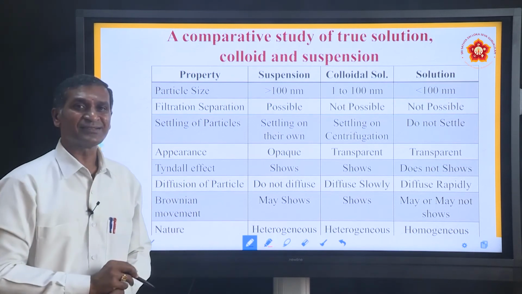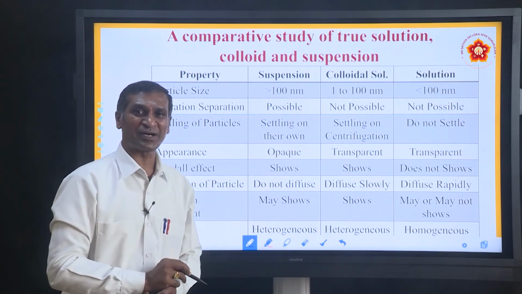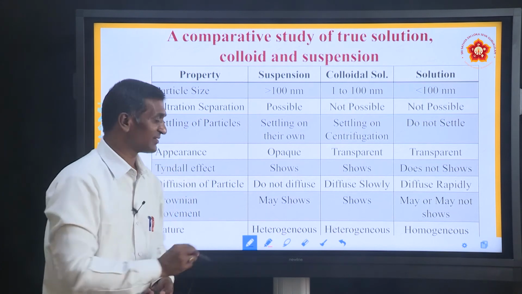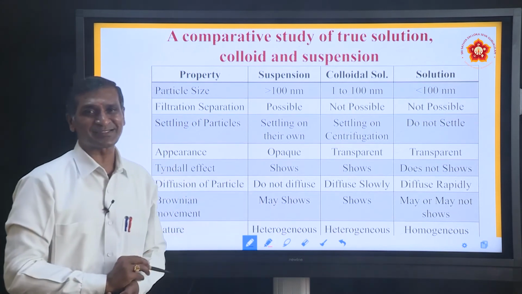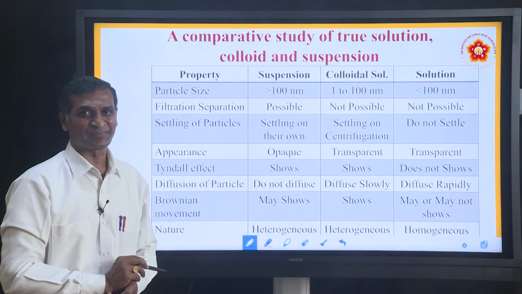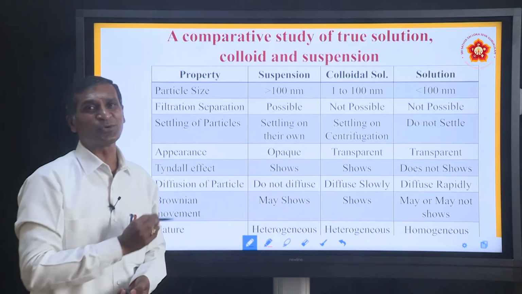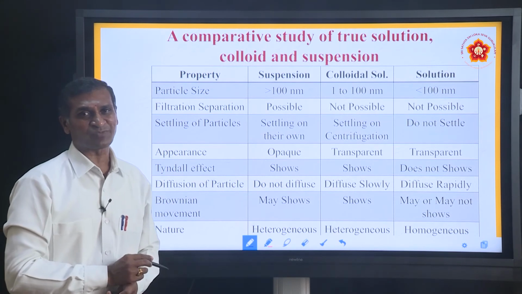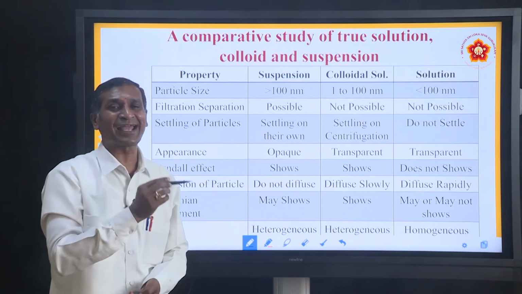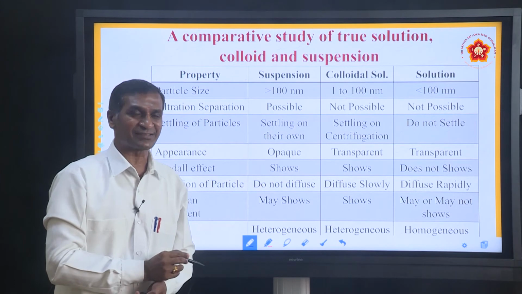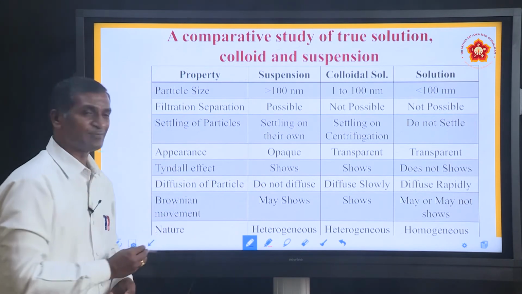Brownian movement: the zigzag movement of particles is called Brownian movement. A suspension may show it to some extent on stirring, that's all. Whereas the colloidal solution shows a clear Brownian movement of particles. The zigzag movement of colloid particles is called Brownian movement.